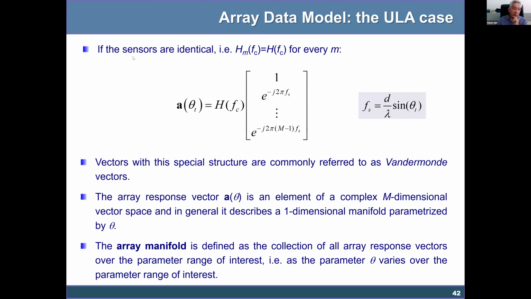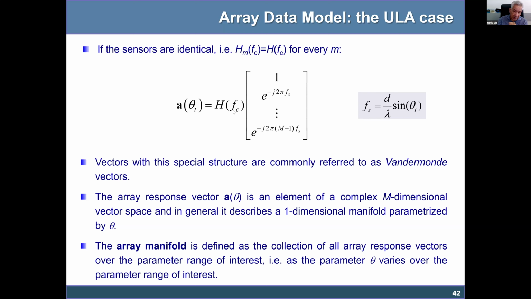Now, if you assume that all the sensors are identical, so the frequency response is the same, and this is something that we always try to do. When we build an array, we always try to build the sensors in such a way that the frequency response is identical for all of them.